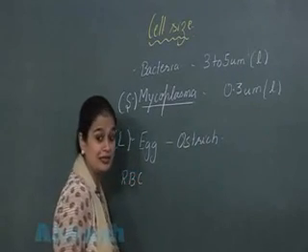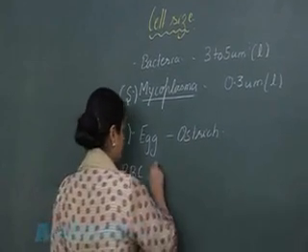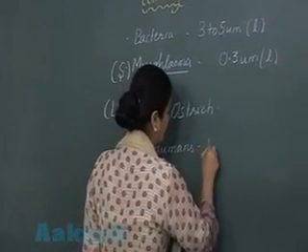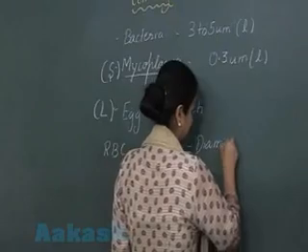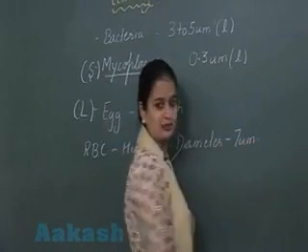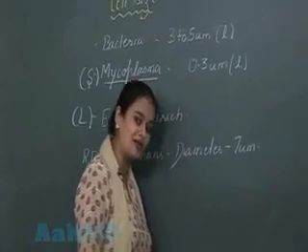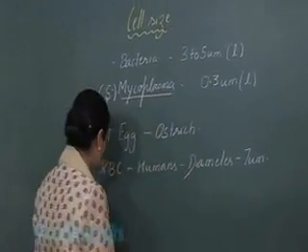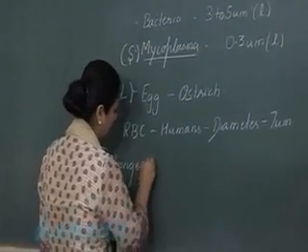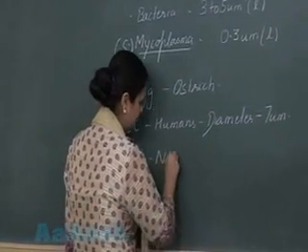Now coming to the RBC. RBC, you know, they are the red blood cells. The red blood cells in the humans have the diameter of 7 micrometer. Now one of the longest cells in the organism is the nerve cells.